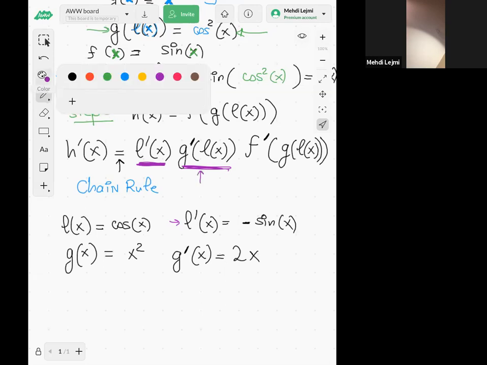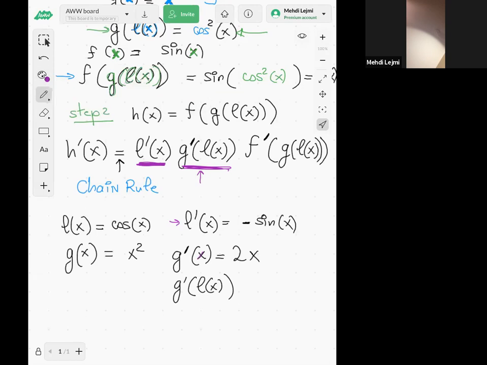So we need to substitute the x in 2x with L of x. So that will be equal to 2, and x is now L of x, and L of x is cosine, so there's going to be 2 cosine of x. I just substitute the x with the L of x. So now I got my g prime of L of x.